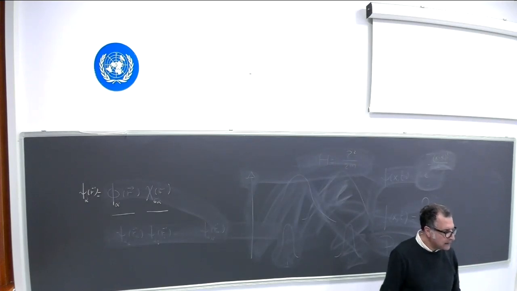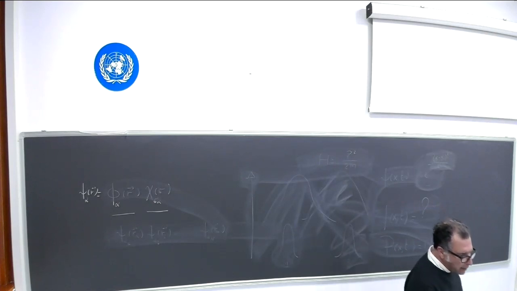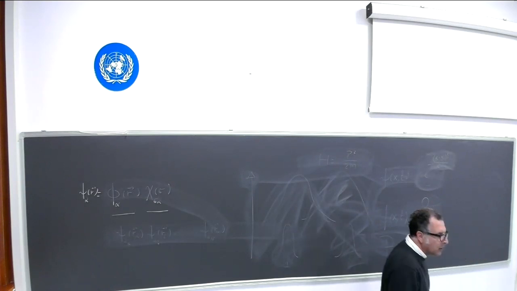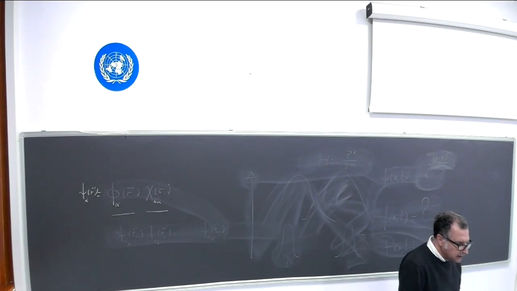So try to understand how the probability changes in time, for instance, in the initial state. You can plot whatever you want. Of course, if I ask you the probability integrated over space, how does it change in time?